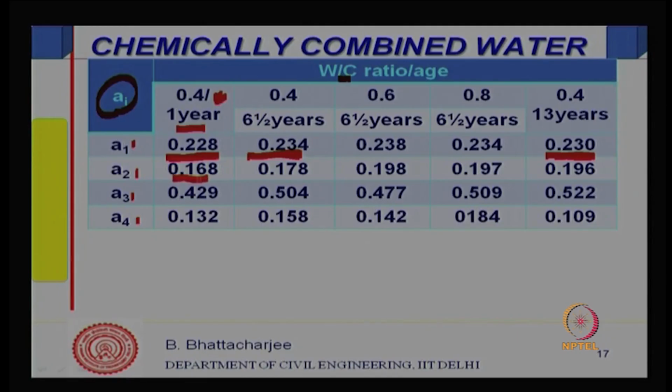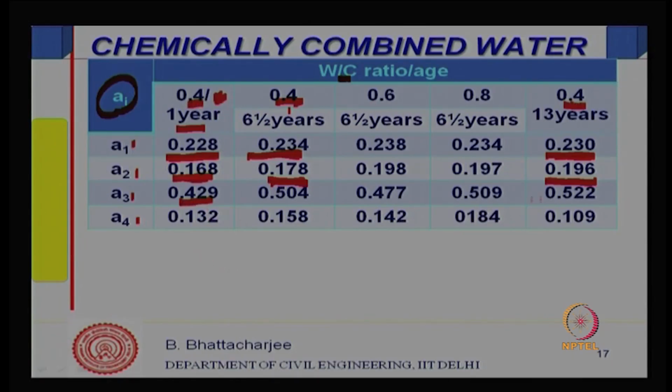A2 was for C2S, and in 1 year 0.168 grams of water reacted with 1 gram of C2S. In 6.5 years 0.178, and in 13 years 0.196, all this with 0.4 water cement ratio.